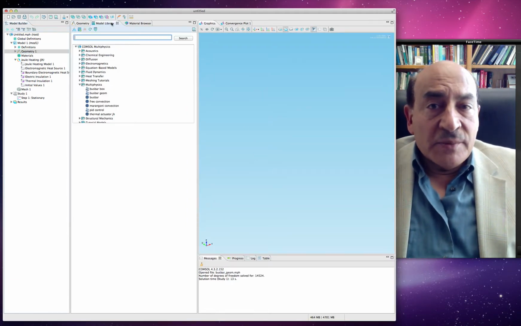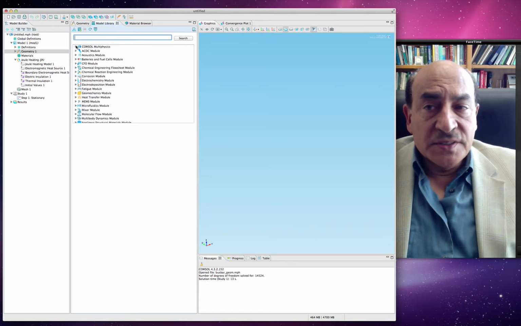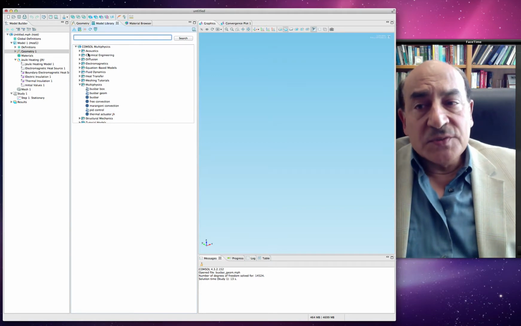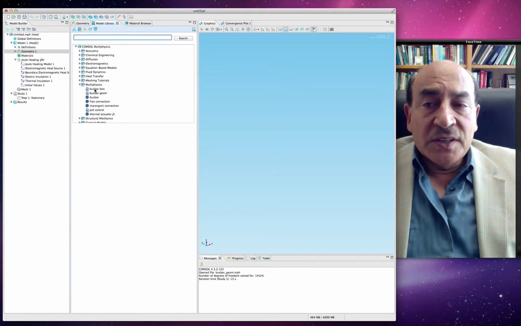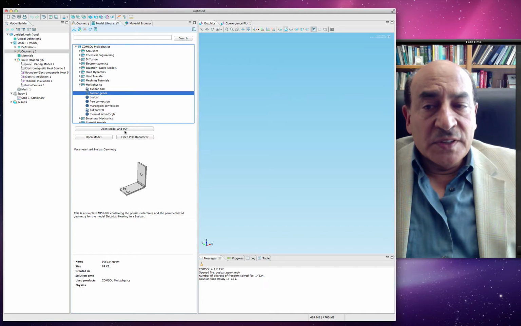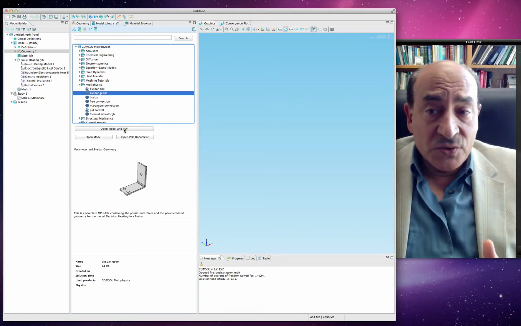In the model library for Comsol, there is a Comsol Multiphysics node, and then the AC/DC node, for electric type problems, and chemistry and so forth. So we're going to look at the multiphysics because this problem combines two different types of physics. And we look here at the bus bar geometry. If we click on it, it will show us the bus bar, and we can either open the model and the PDF that describes it, or just the model.